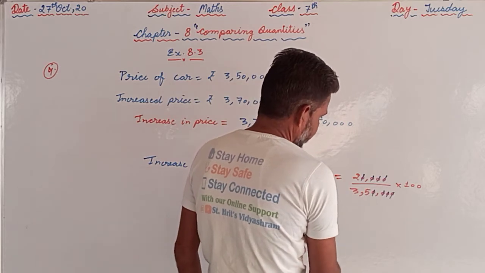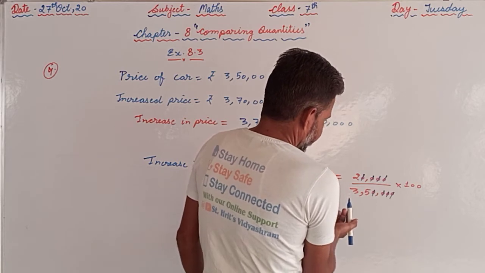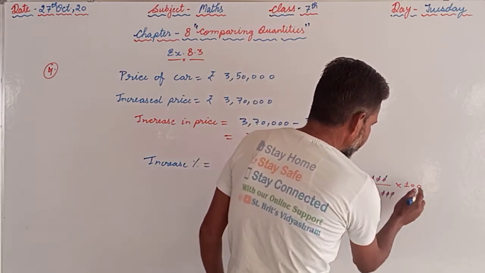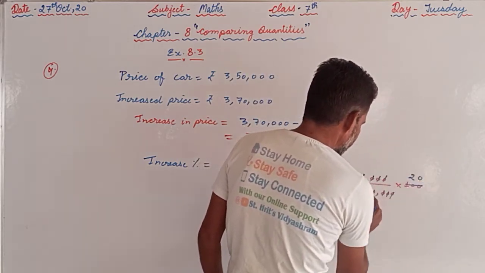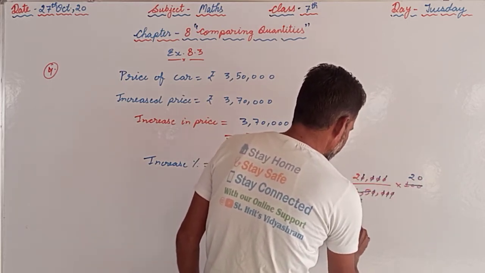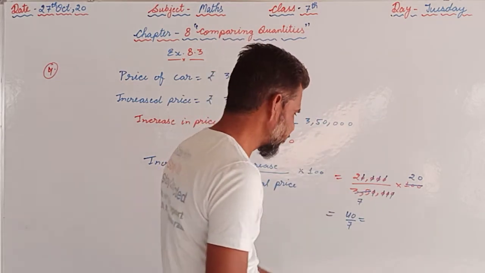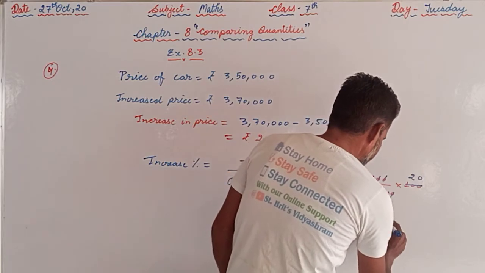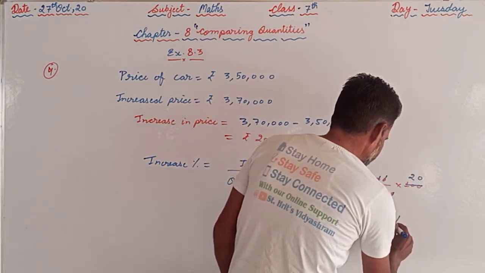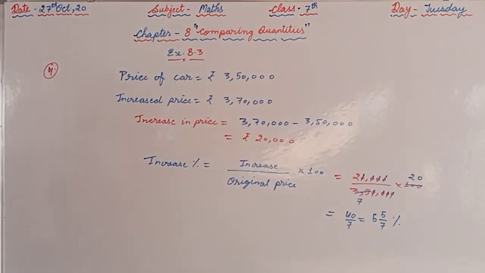Then we are supposed to divide by 5 here and here, 5 2s are 10, and 5 7s are 35, that is 40 upon 7, and if we convert that improper fraction into a mixed fraction, it will become 5 and 5 by 7%. So, 5 and 5 by 7% is the increase in the percentage of the price of that car.